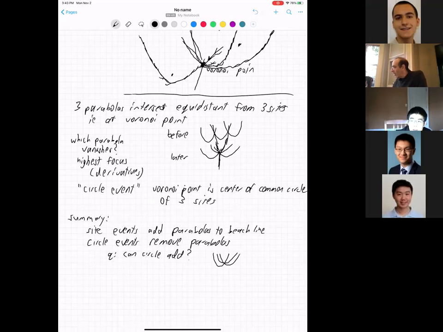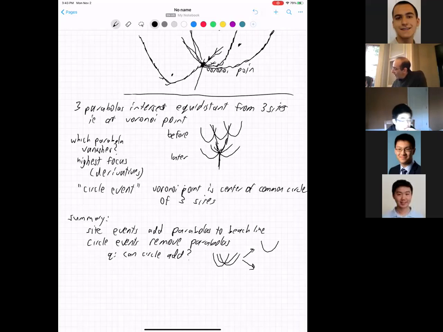How do I know that a parabola is disappearing from the beach line instead of appearing on the beach line? Which way is time going?